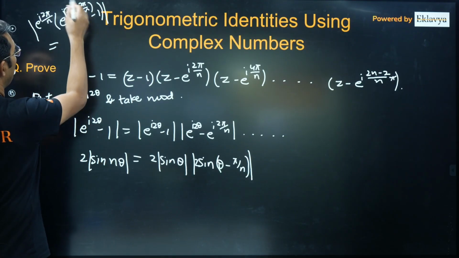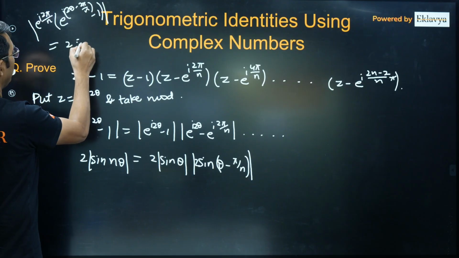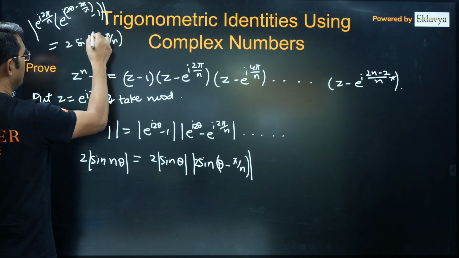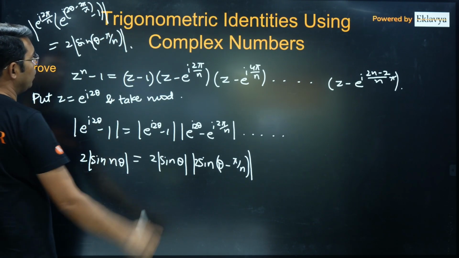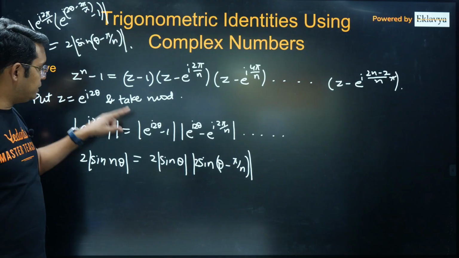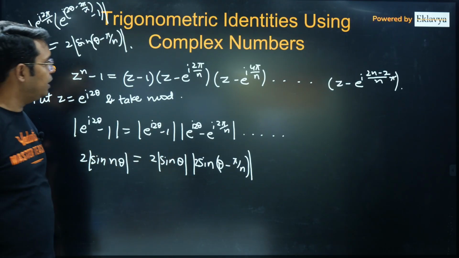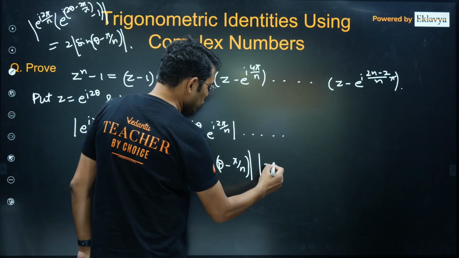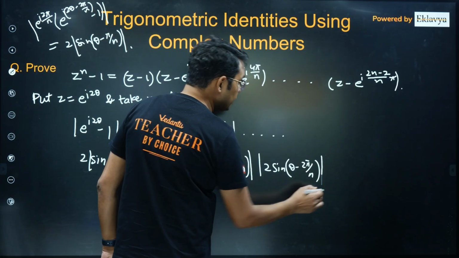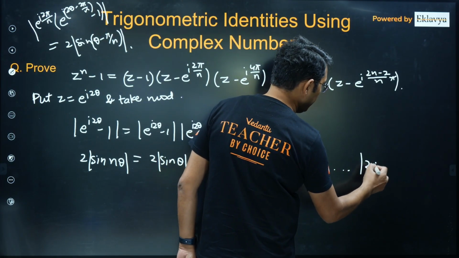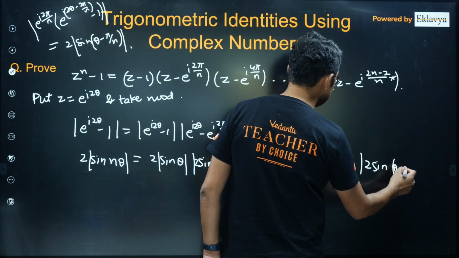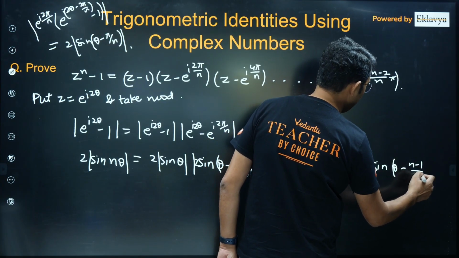And the mod of this, as I have told you, will be 2 sine of the half angle, that is mod of sine theta minus pi by n. Why am I keeping mod on sine every time? Because sine may be negative also, so that is how it is coming. So this is 2 sine theta, this is 2 sine theta minus pi by n, and the next one will be 2 sine theta minus 2 pi by n and so on. The last one would be 2 sine theta minus n minus 1 upon n pi.